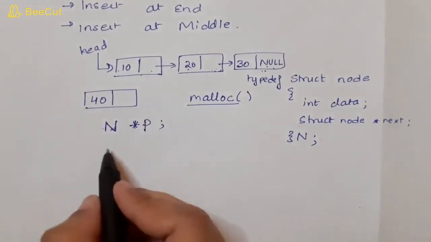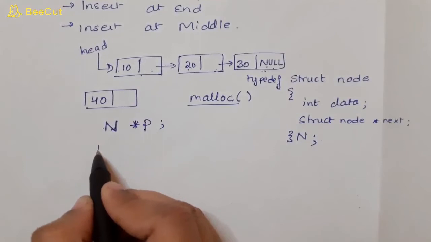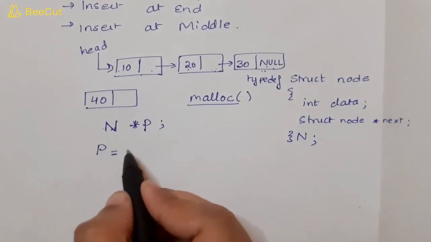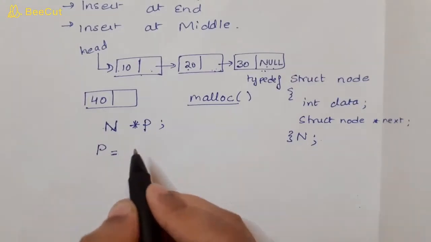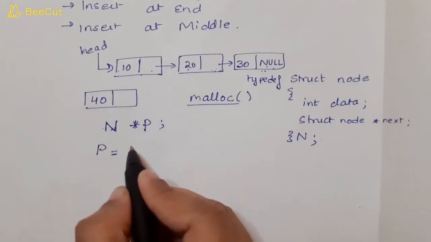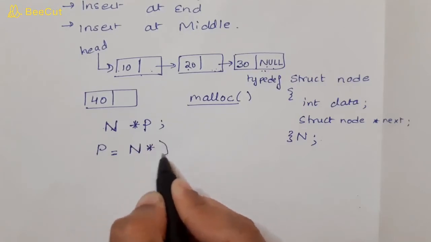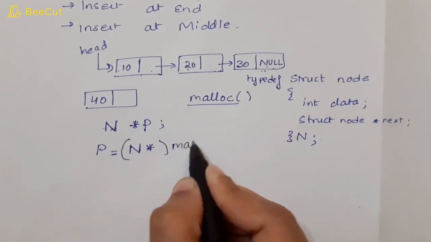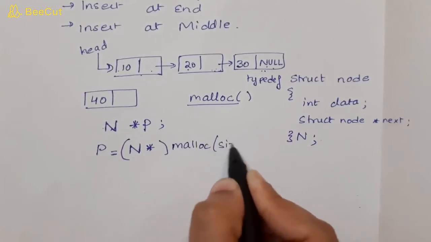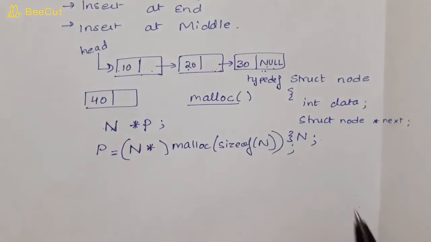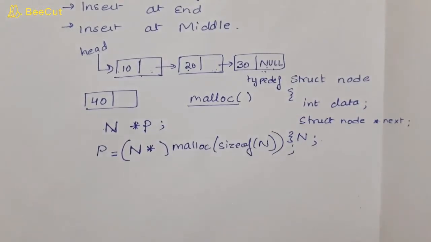Now to allocate memory to this node, p is equal to, you need to do typecasting. Here the data type is n, which is a struct node, so I'll write this typecasting, malloc sizeof n. So this is the method to allocate memory to a node.